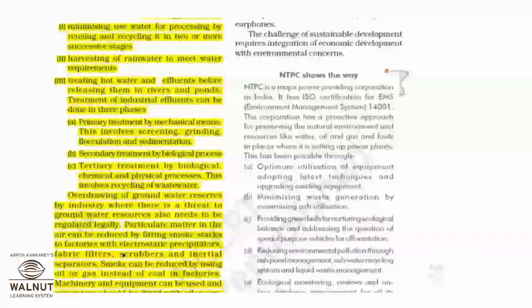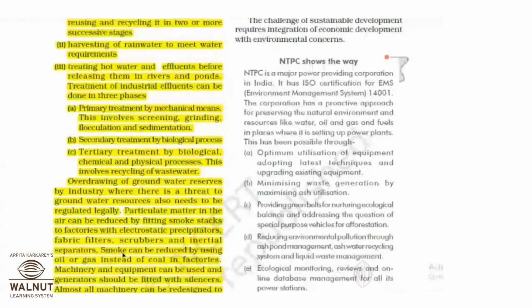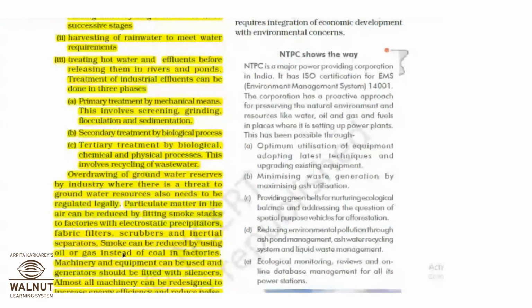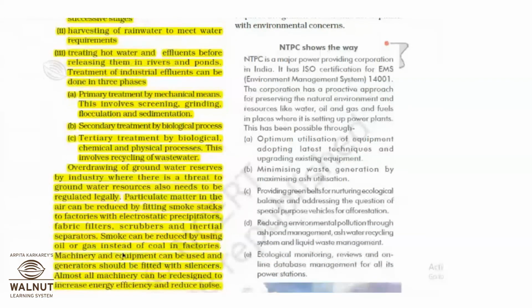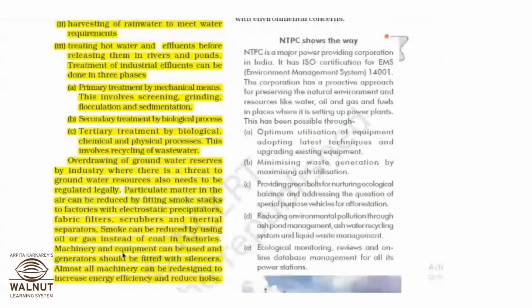That can be done, or fitting smokestacks or precipitators to factories where you can avoid the smoke, or you can use oil instead of coal in the factories, so you are saving on your fossil fuels. All the machinery can be redesigned to make it energy efficient and reduce sound or noise.